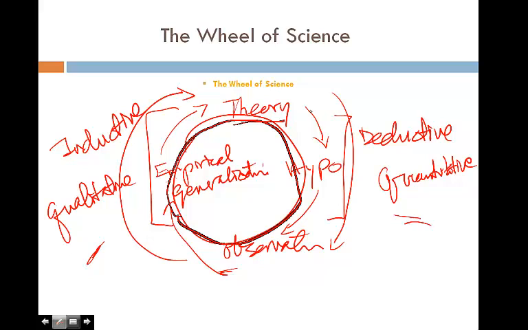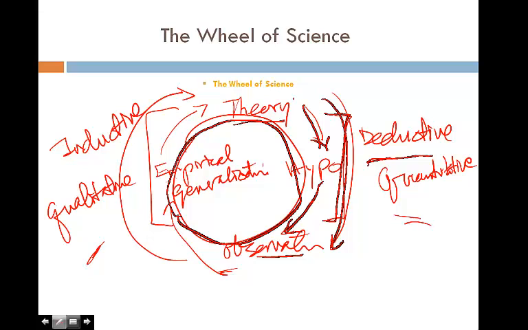After we have a theory, we can develop our hypothesis. Based on the hypothesis, we can develop a way to collect data to test the hypothesis. That's what we call observation. This half circle is called deductive reasoning. Deductive reasoning starts from theory to observation.